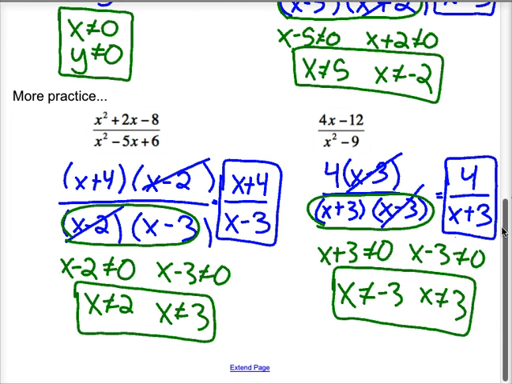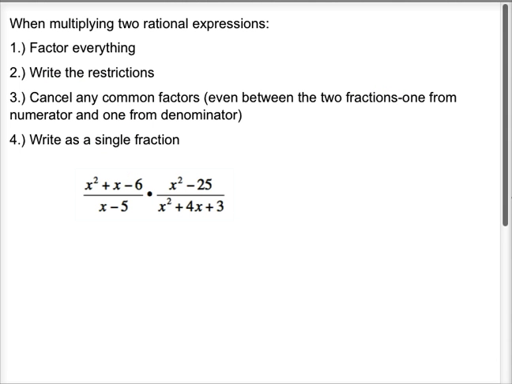All right, now, of course, we're going to start taking it a step further. So when I'm looking at multiplying two rational expressions, the first thing you want to do is factor everything. Factor everything you can in both fractions. Then write the restrictions.